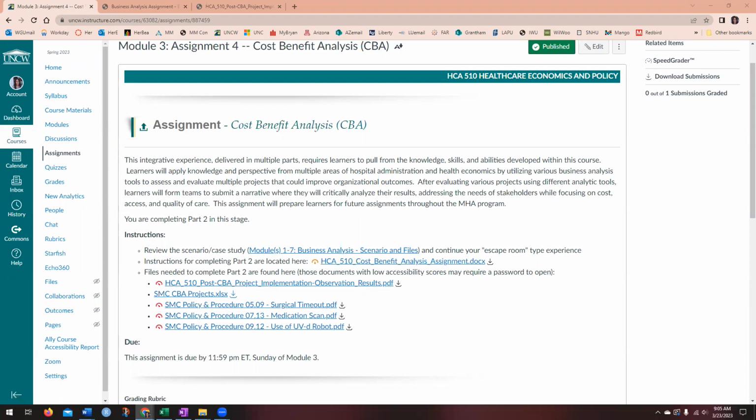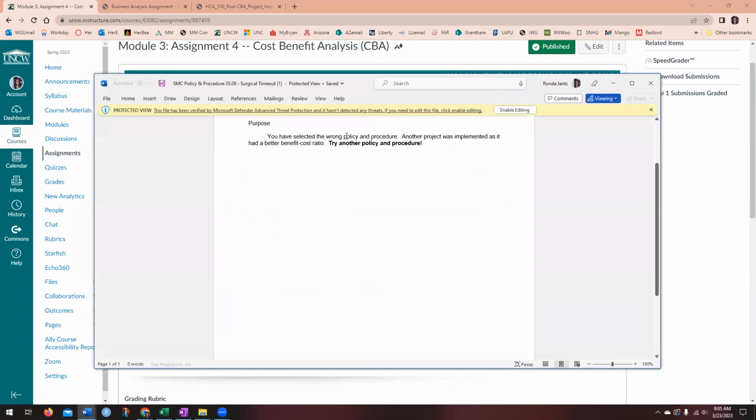I'm going to go ahead and download one for surgery timeout that kind of shows you what that might look like if you go to the wrong file, since you are only going to one, because we don't need policies and procedures from 3 projects, because we're only doing one. So if you go in the wrong one, it'll say, try another one.